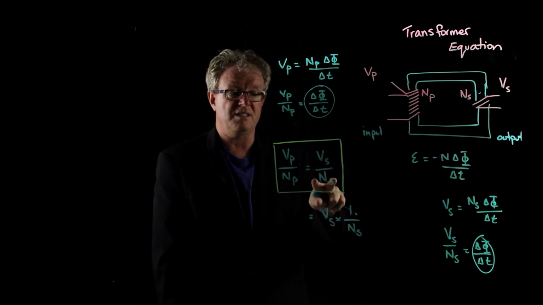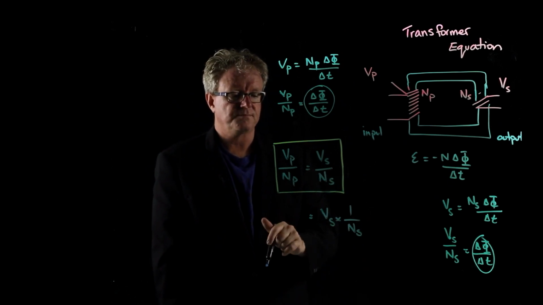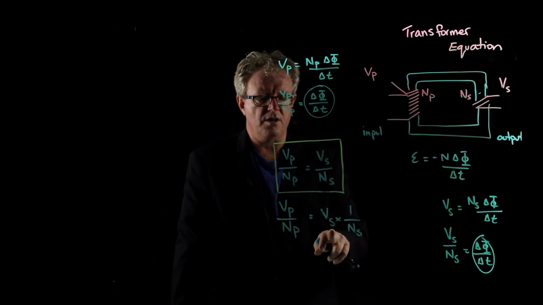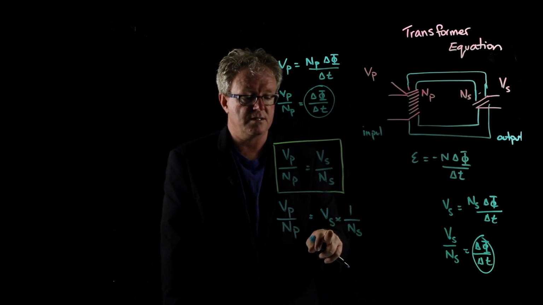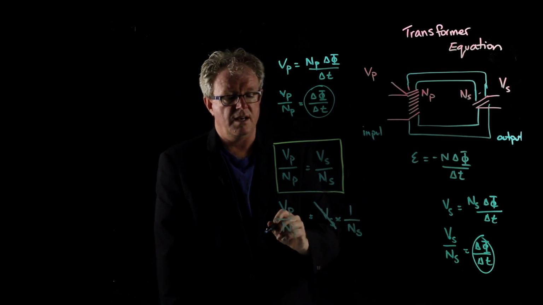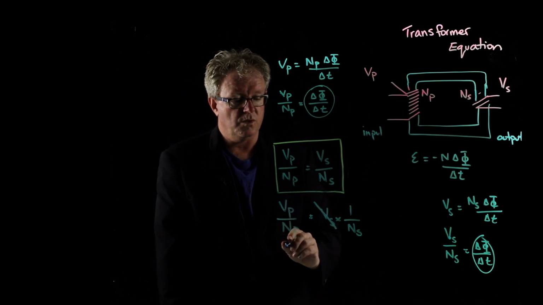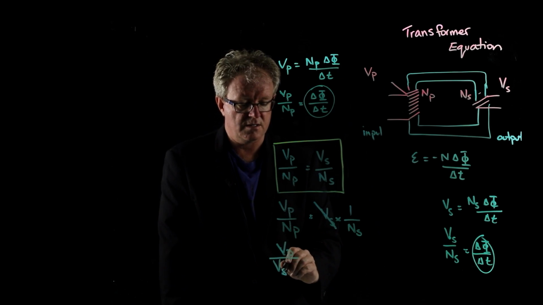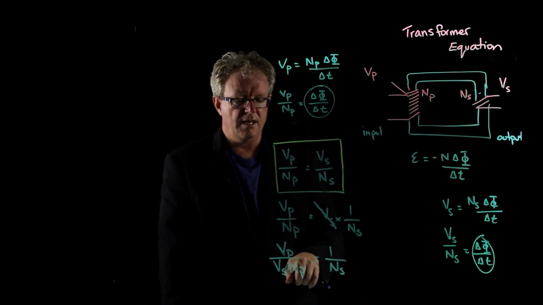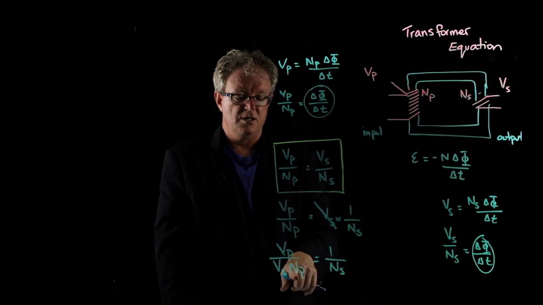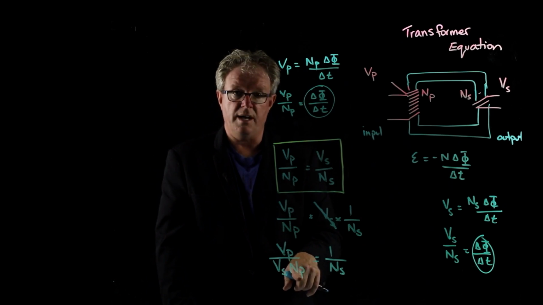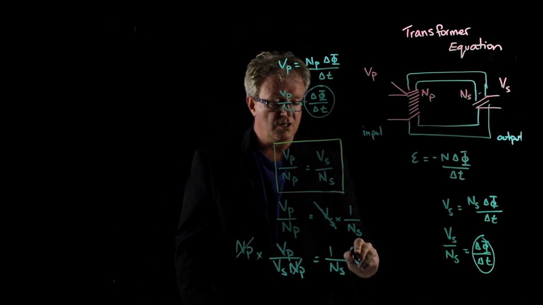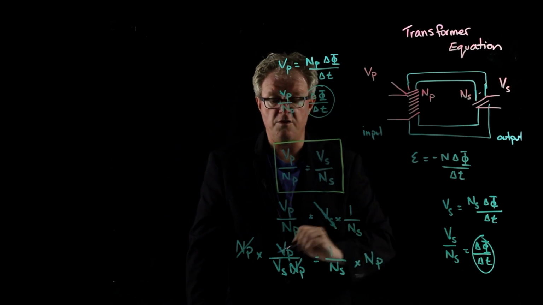So if I now divide both sides by VS, that'll cancel, and then over here we will have VP over VS times NP. Then we want to times both sides by NP, which will cancel that out on one side and put it on the numerator on the other.